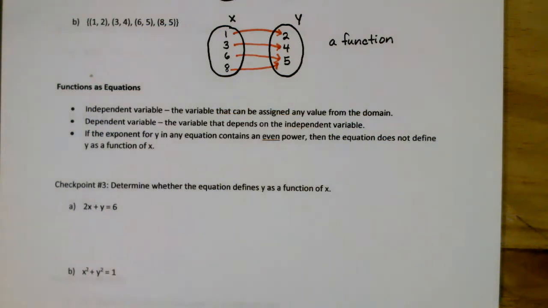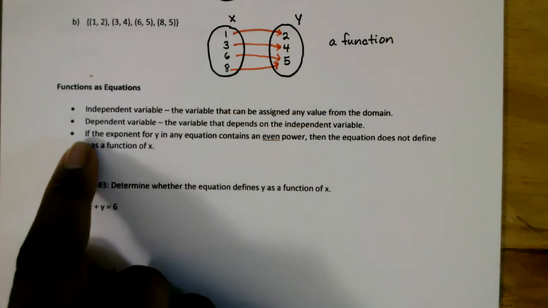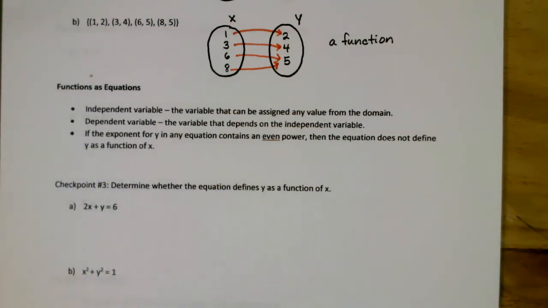And usually the y will always be your dependent variable, because when you substitute x, whatever the value is for x, and you simplify, you're going to get a y value. And it usually depends upon what x is equal to. Now, there is a rule that will help you determine whether or not the equation is a function.